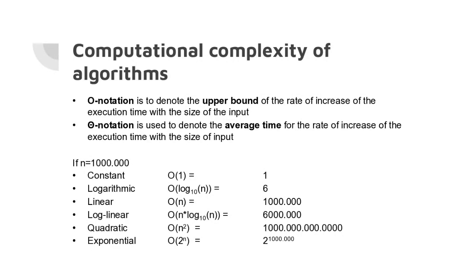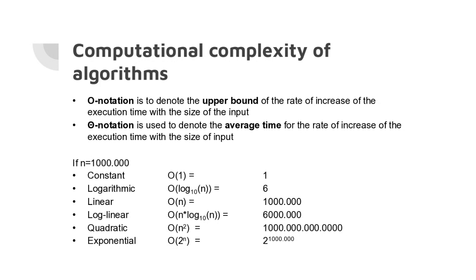For small input sizes, the big O notation doesn't help you, but it's used to estimate what the execution time will be given that the size of the input grows. And the same is for the delta notation, where we look at the average time of execution related to the size of the inputs.